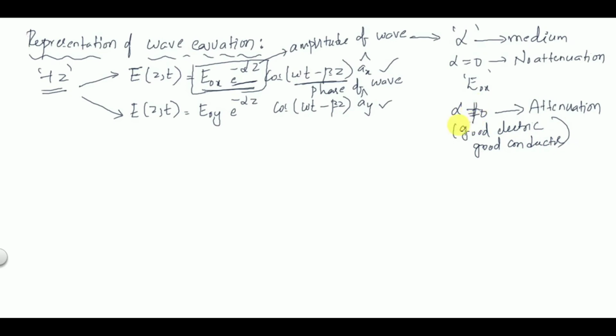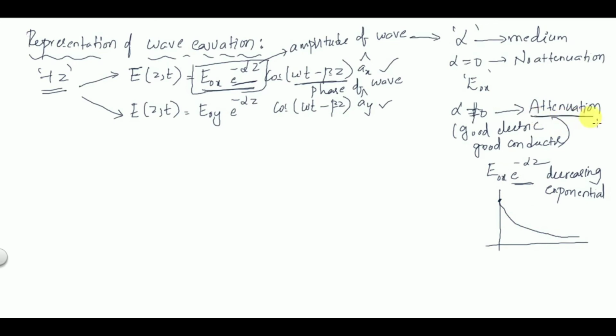Then the amplitude will be E0x into e power minus alpha z, which represents a decreasing exponential. As z increases, this value decreases, so the amplitude also decreases. At z equal to 0, that is at the starting origin, it will be maximum and then decreases exponentially. This decrease in amplitude is called attenuation.